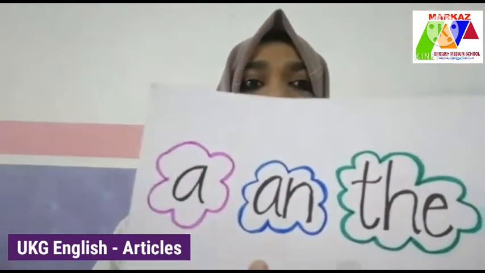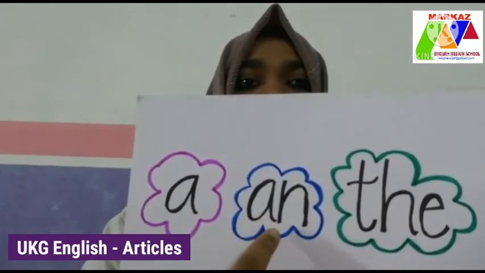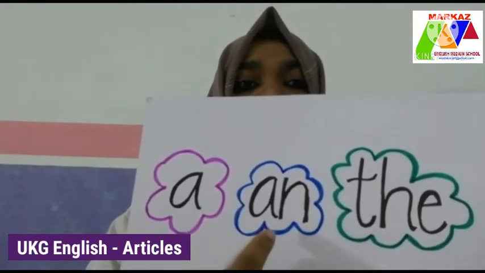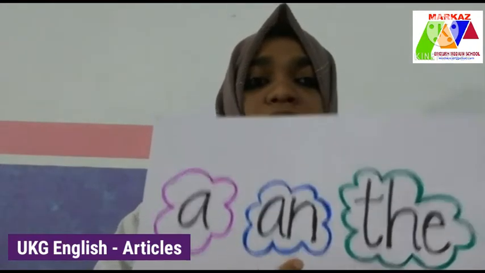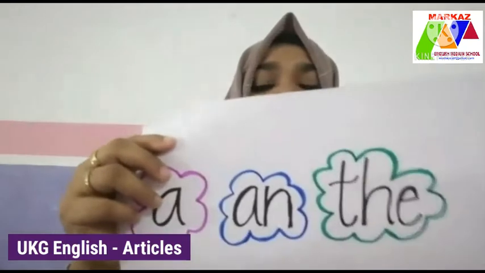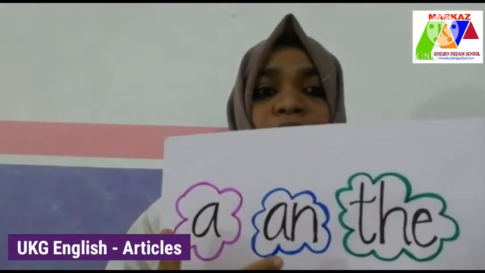Is it clear? Yes. Then an. Can you see, children? An. We use an before a vowel sound. How many vowels do we have?